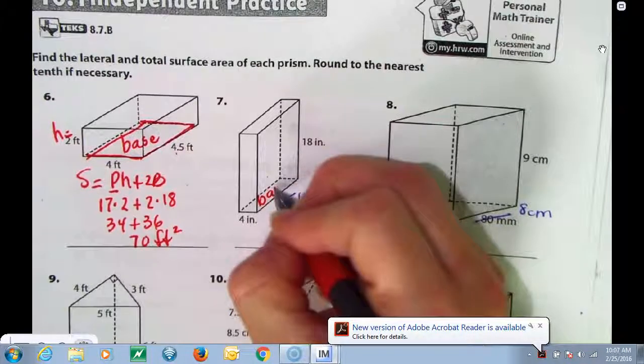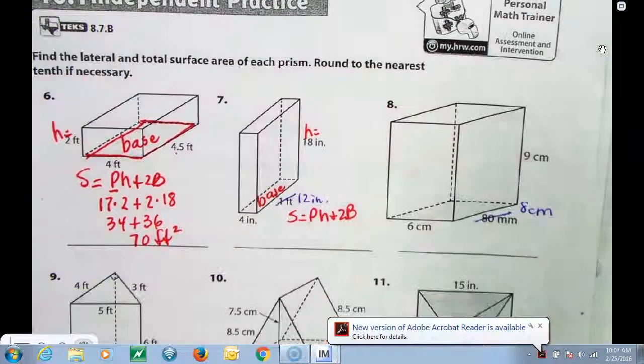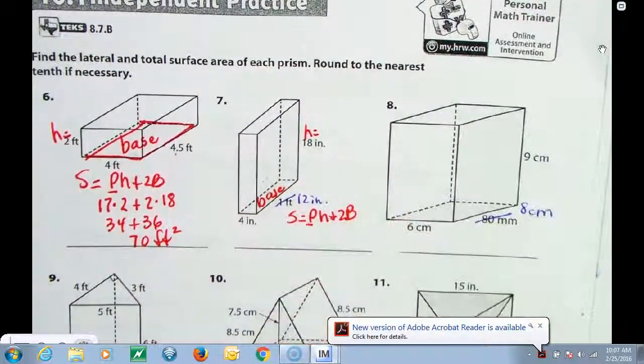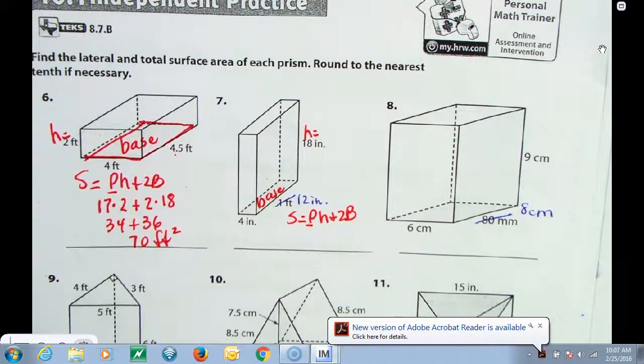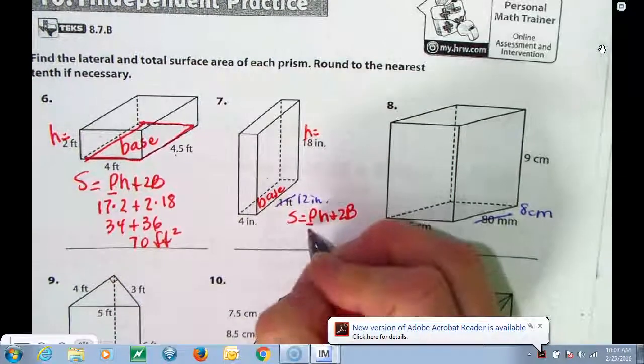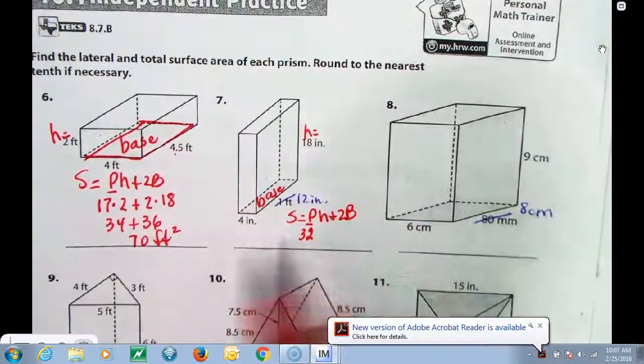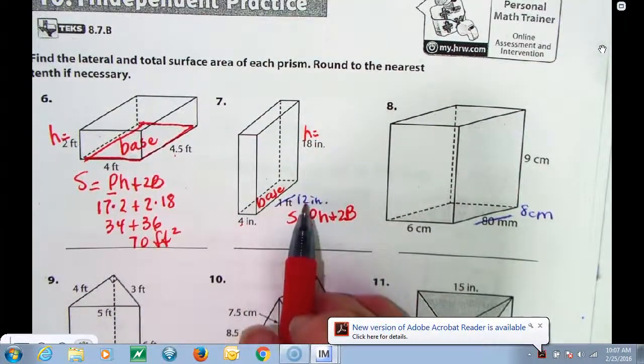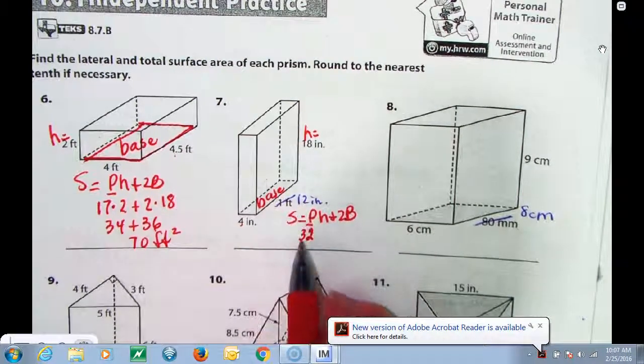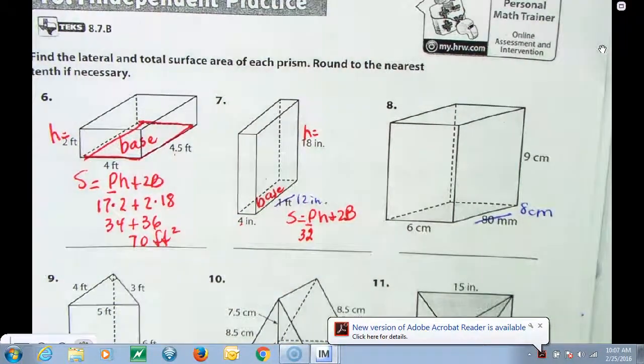The base is that itty bitty rectangle. The height is 18. So what is the perimeter of that rectangle? It's 32, right? 4 plus 12 is 16. Double it, you get 32. That's the way I do the perimeter. But if you can't do it my way, you go 4 plus 12 plus 4 plus 12 is 32.